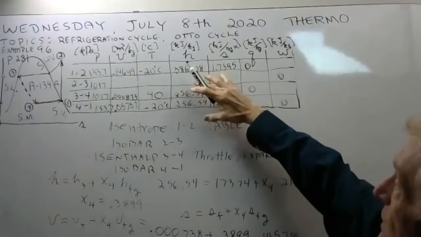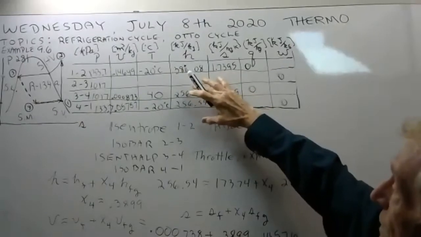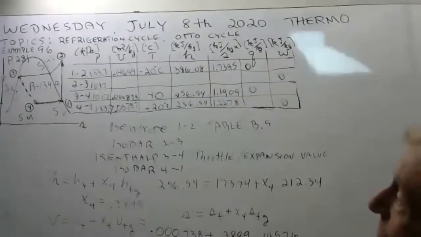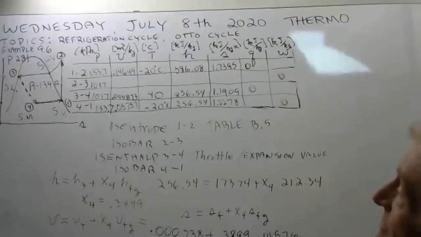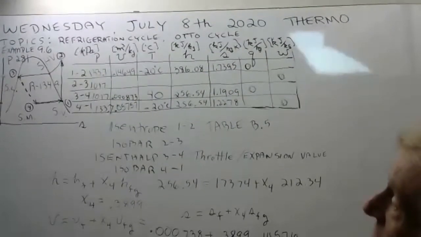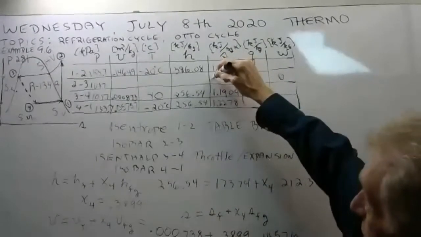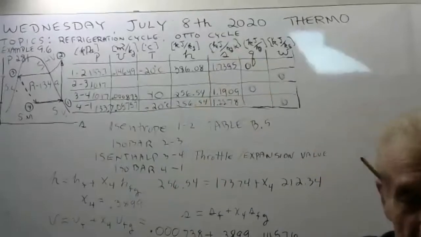The specific entropy at 1 was 1.7395. So what's the specific entropy at 2, Stuart? Is it also 1.7395? You got it.